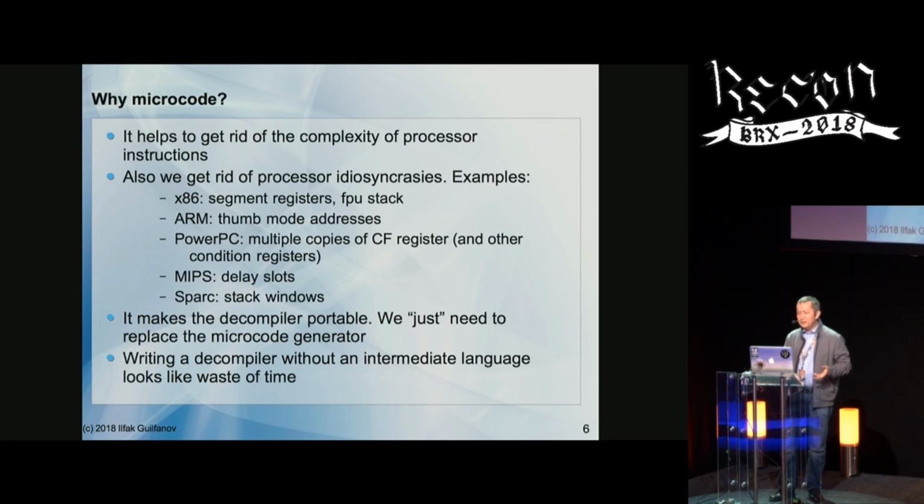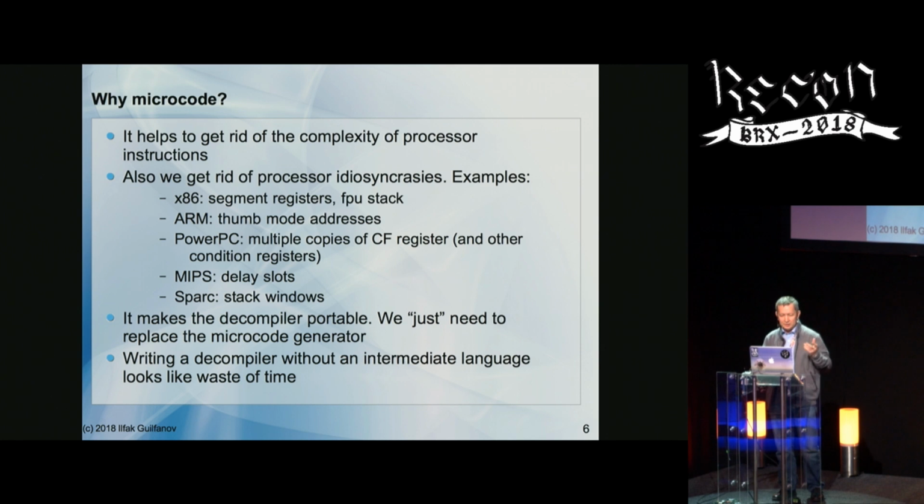First of all, why do we need this microcode step? I think that everyone understands that we need it because, in my opinion, writing a decompiler without some intermediate language is a waste of time. We will end up with a nice decompiler for one platform, but it won't be portable. Therefore, we need some kind of intermediate language. It will help us get rid of processor-specific things.